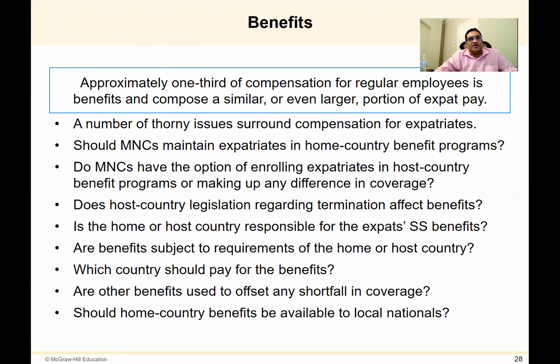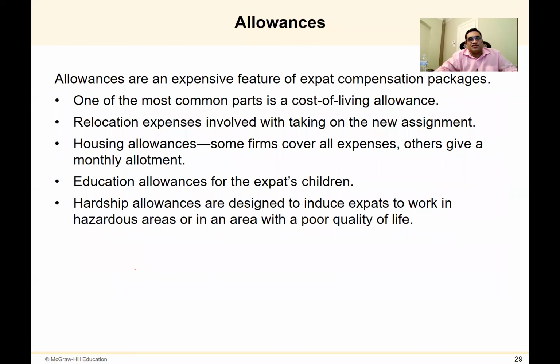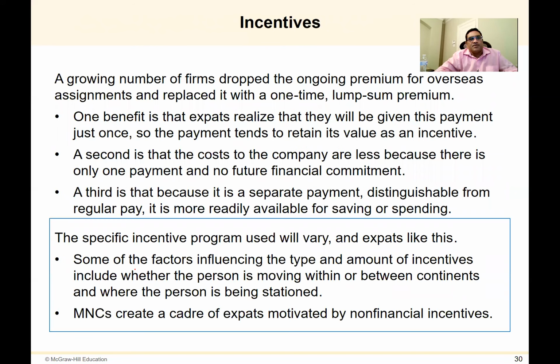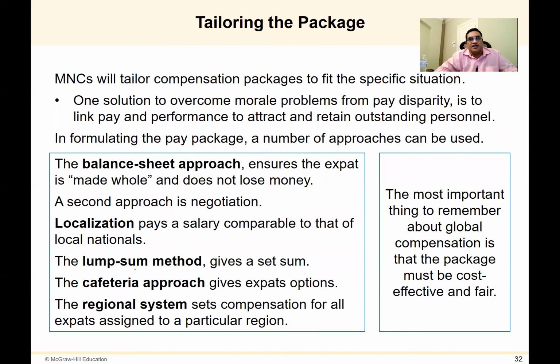Usually the base salary is higher, then you have benefits, allowances, housing allowance, car allowance, all of these things, education, incentives to keep them there, and taxes: who's paying, is there double taxation, things like that. And based on negotiation, you can pick a package that makes more sense.